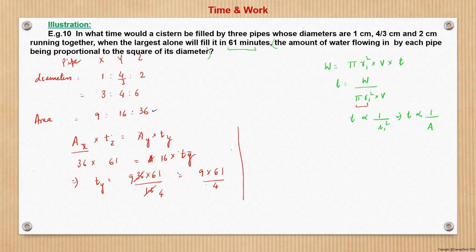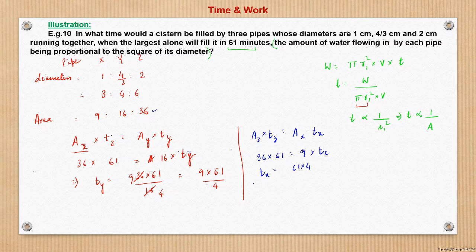Similarly, we can say that AZ into TZ is equal to AX into TX. AZ is 36, TZ is 61, AX we know is 9 units. So TX we have to find. TX is nothing but 61 into 4, right? So now we know T for all the three pipes X, Y and Z.